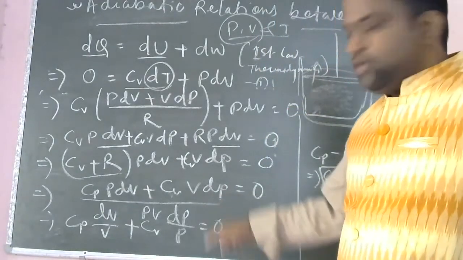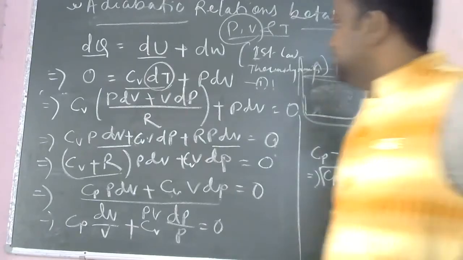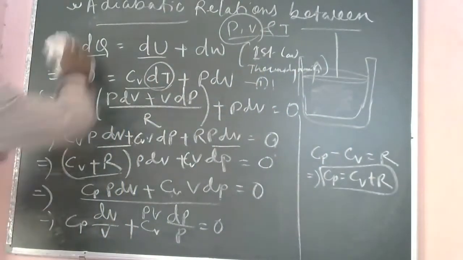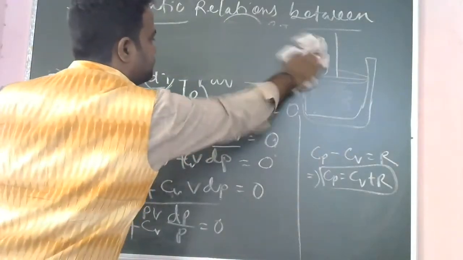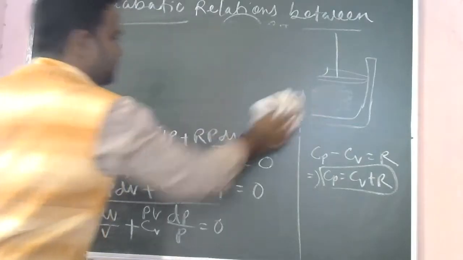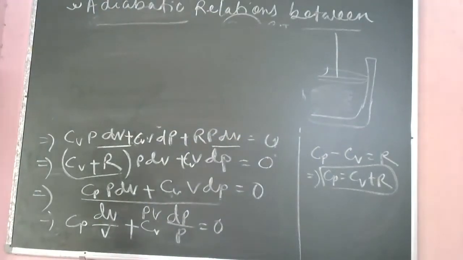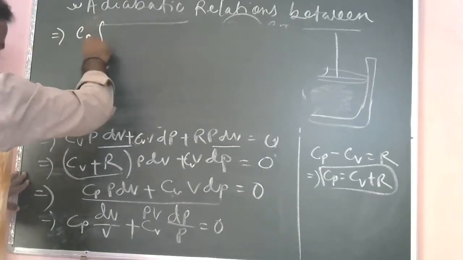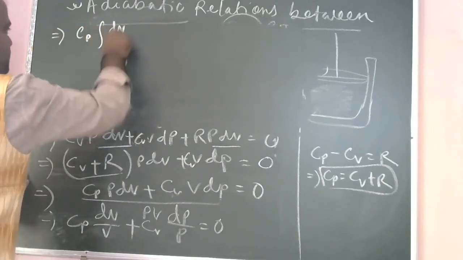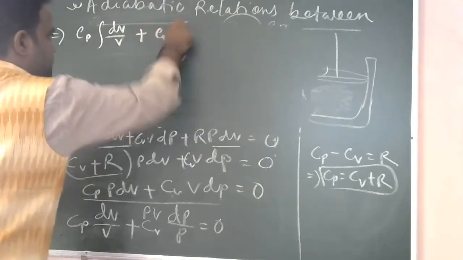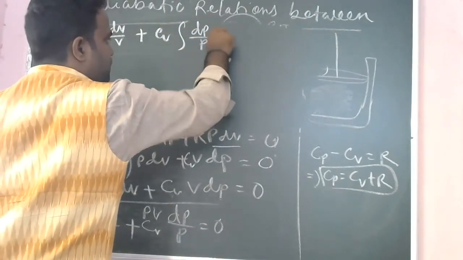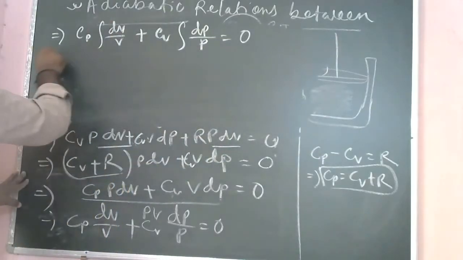So what we will do now, we'll integrate. So now we'll integrate Cp integration dV by V plus Cv integration dP by P equal to 0.